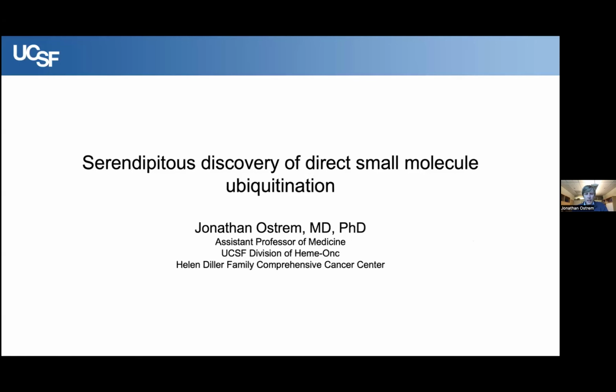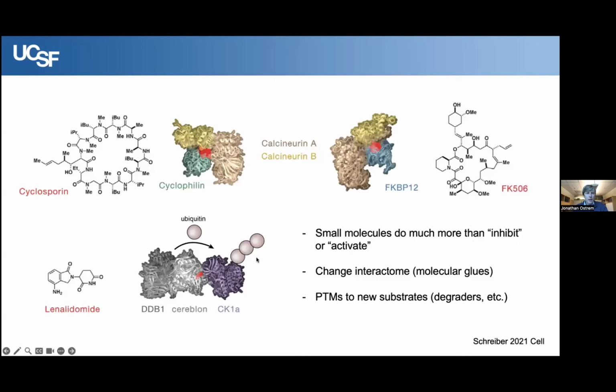I really got into this project because we all realize that small molecules can do much more than inhibit or activate proteins in the cell. They can bring proteins together, change their interactome in the form of molecular glues, or transfer post-translational modifications from an enzyme to a substrate.